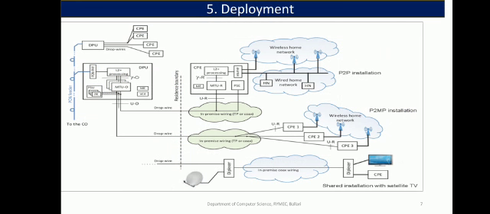MGFAST is an extension of GFAST, for which backward compatibility and operation with GFAST in the same binder are required. Therefore, like GFAST, MGFAST uses discrete multi-tone modulation by applying the same tone spacing of 51.75 kHz and the same default cyclic extension.